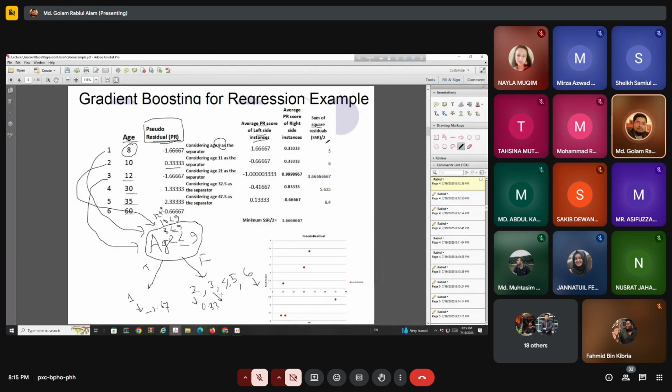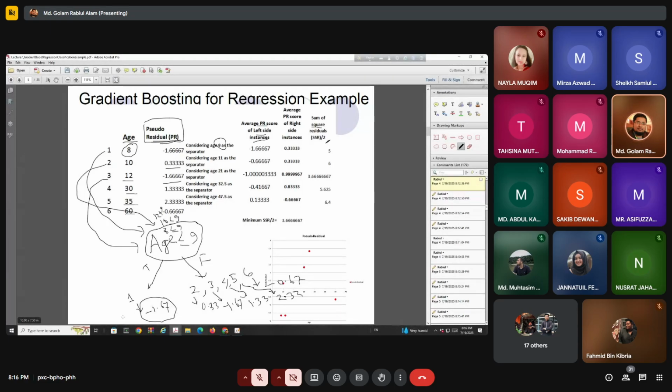Then for 3 it is negative 1.67, and for 4 it is 1.33. For 5 it is 2.33. And for 6 it is negative 0.67. Now we have to find the average of each side.